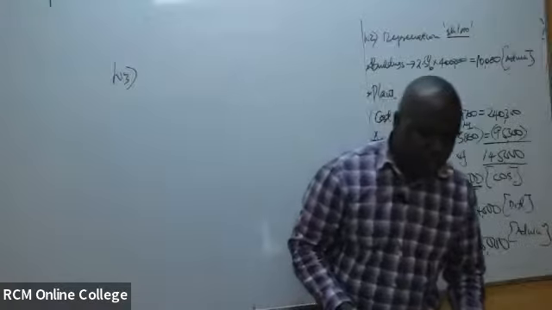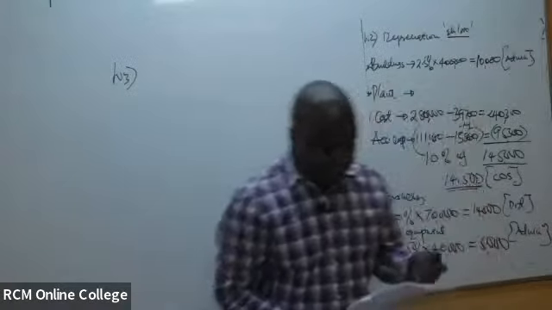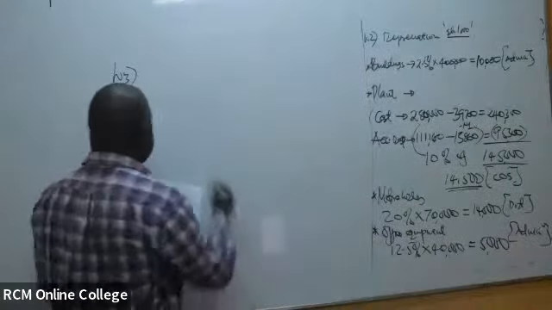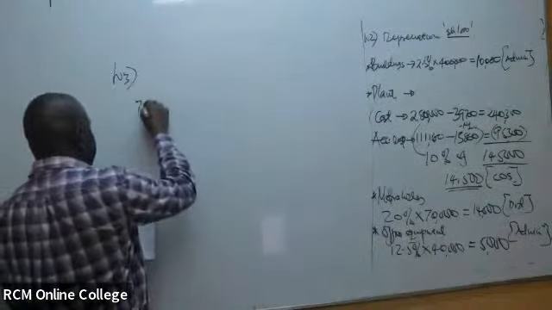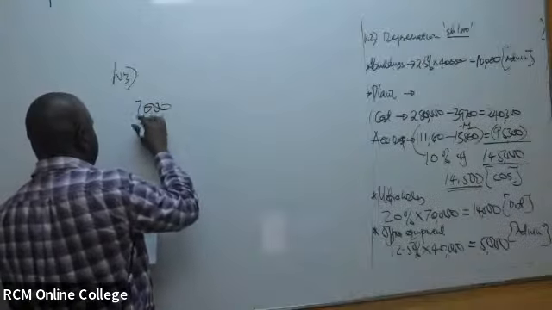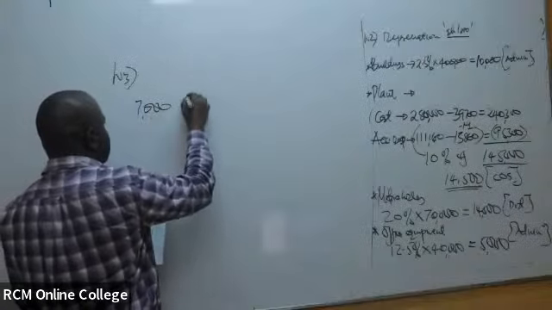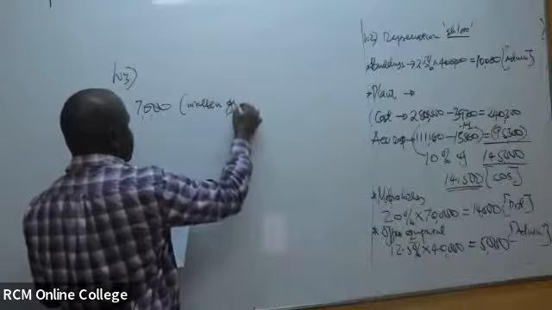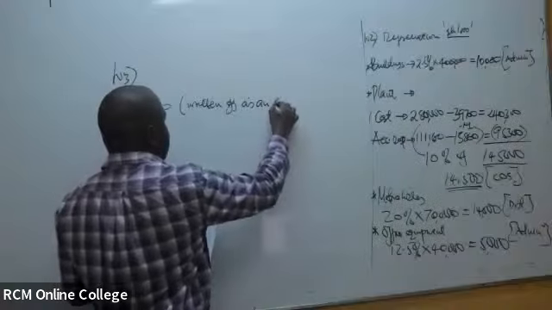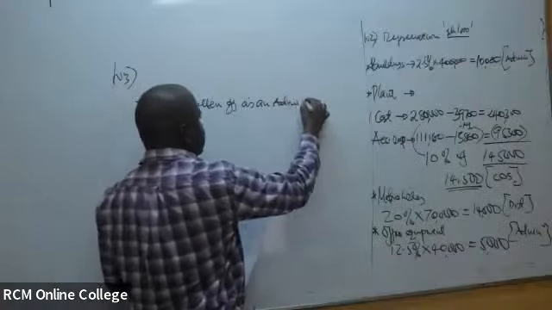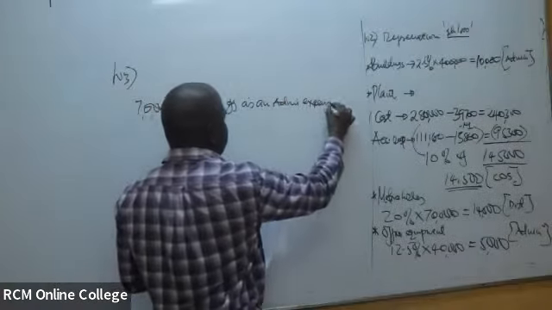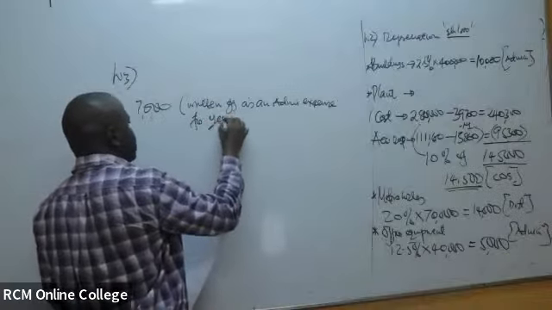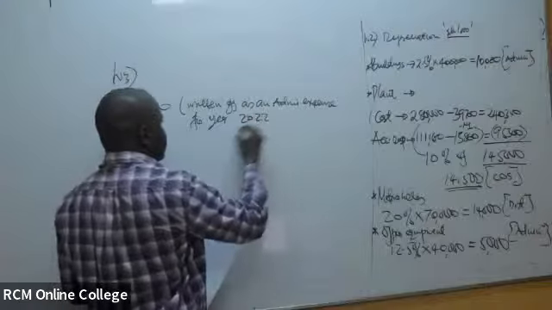So in this case, you can write 7 million, it will be written off as an admin expense for the year 2022.